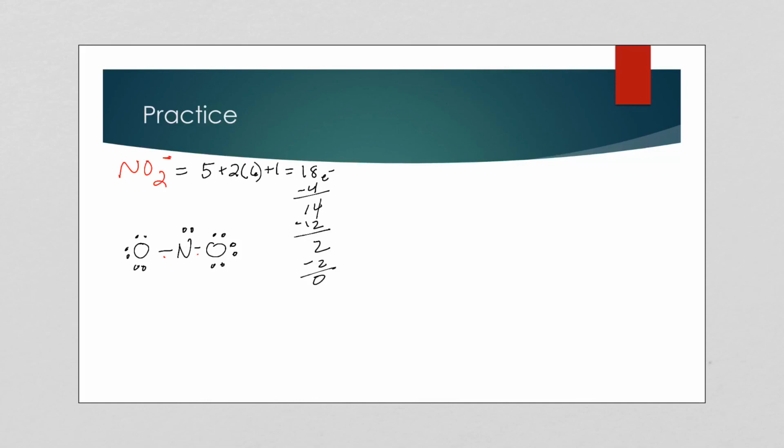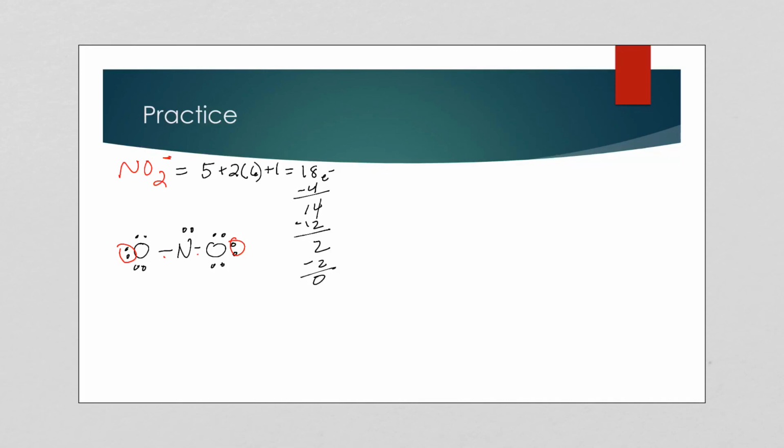So again, just like we did in COH2, we're going to move a lone pair to transition to a bonding pair. Now the question is, which lone pair, or from which atom? We can move this one in, or we could move this one in. Which one to choose? Well, you kind of just have to choose.